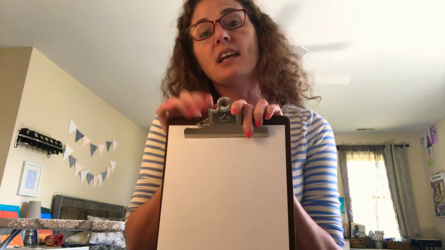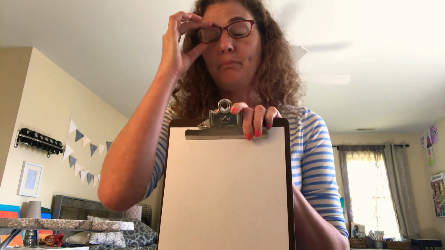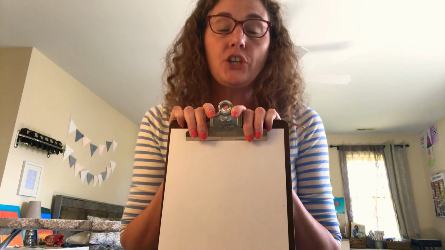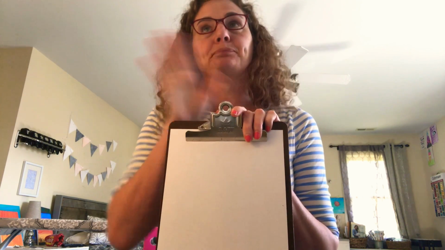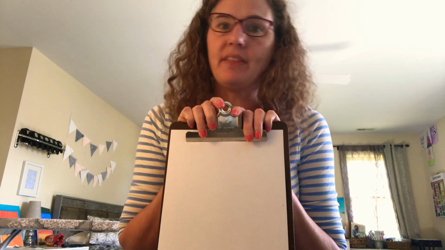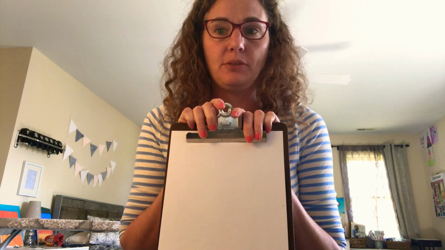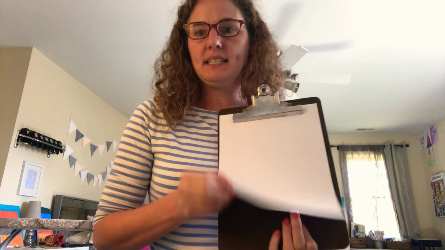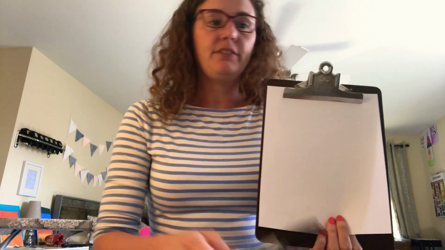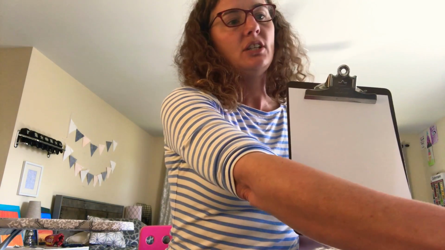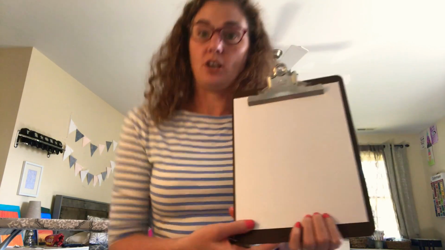Okay? So right now, there are two options you could do. You could follow along with me and pause the video, or you can watch the entire video and then create on your own. It is up to you. Now, for this project, you only need a piece of paper. You can use a marker if you would like, but I'm going to just use a pencil to start.